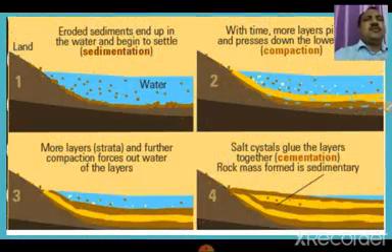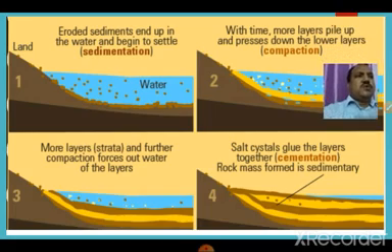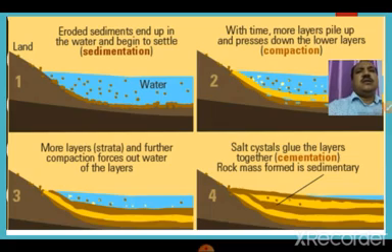With the help of the following diagrams, you can understand how sedimentary rock is formed. First, eroded sediments end up in water and begin to settle: sedimentation.